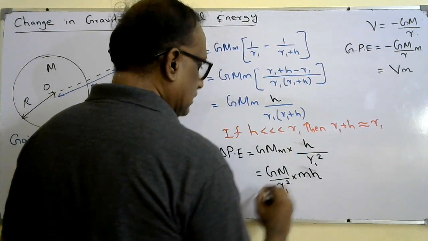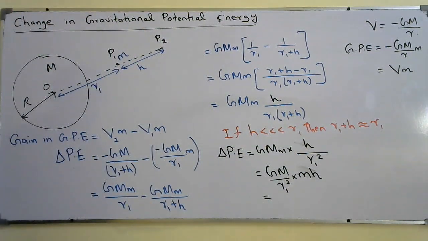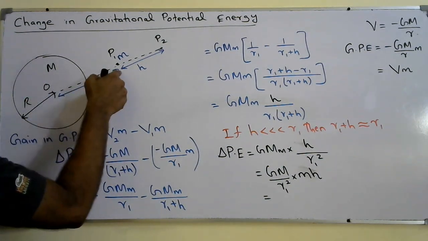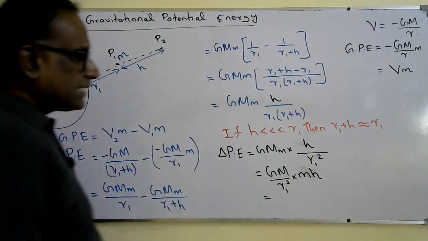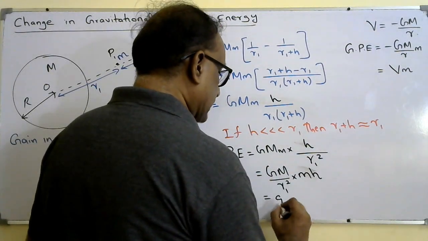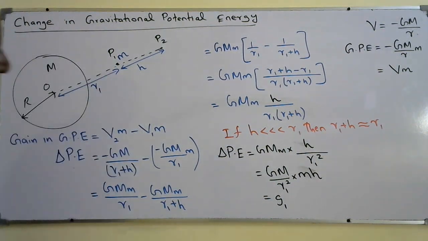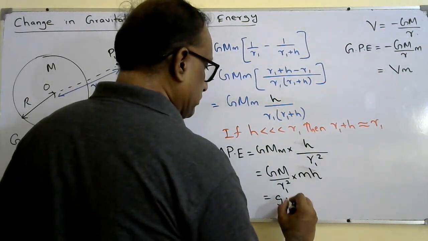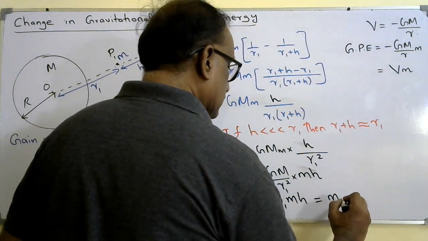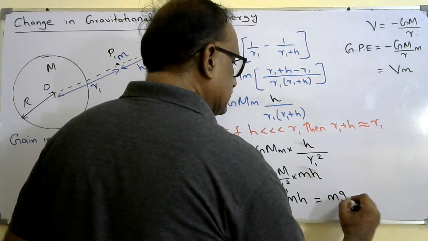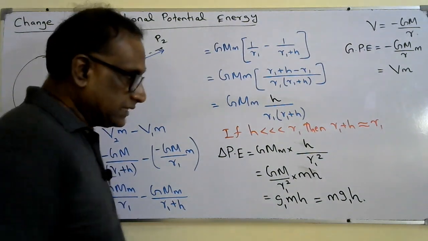What is GM over R1 squared? GM over R1 squared is the gravitational field strength at point P1. So I can say g1, the gravitational field strength of the planet at point P1 is g1. So that is going to be m g1 h.